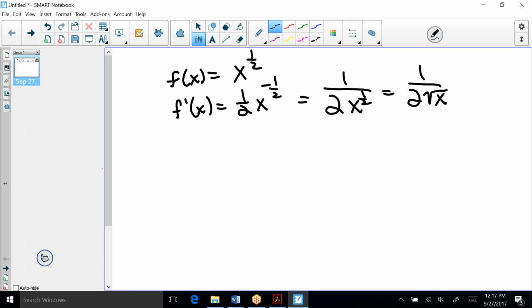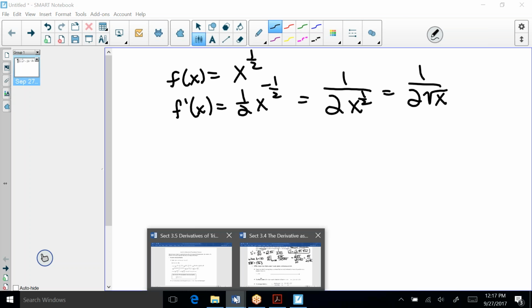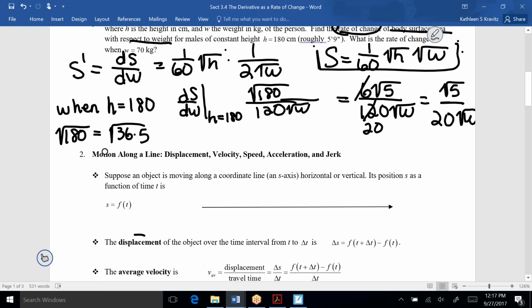So we did that last time a couple times. This is where I took the derivative of the square root of w. This is the function, and this is the derivative of that function.